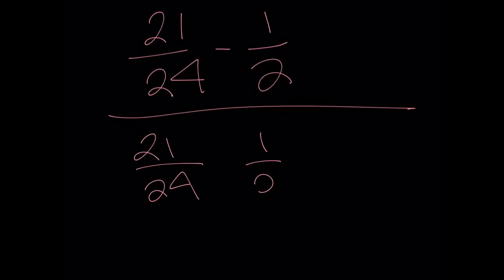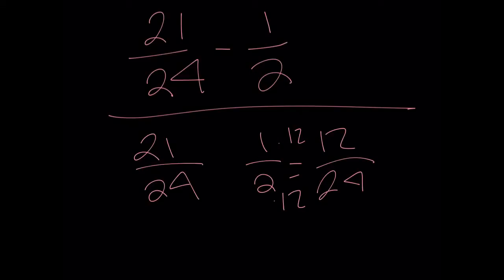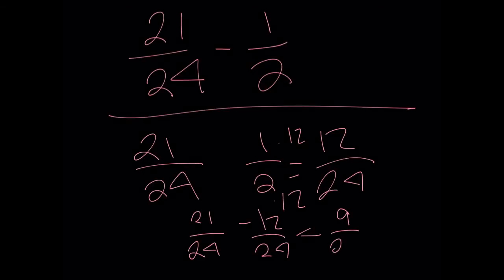And then 1/2 is going to turn into 12/24ths because we have to multiply 12 for the numerator and denominator. And so your problem would be 21/24ths minus 12/24ths, which equals 9/24ths. And we can simplify this to 3/8. And that's it.